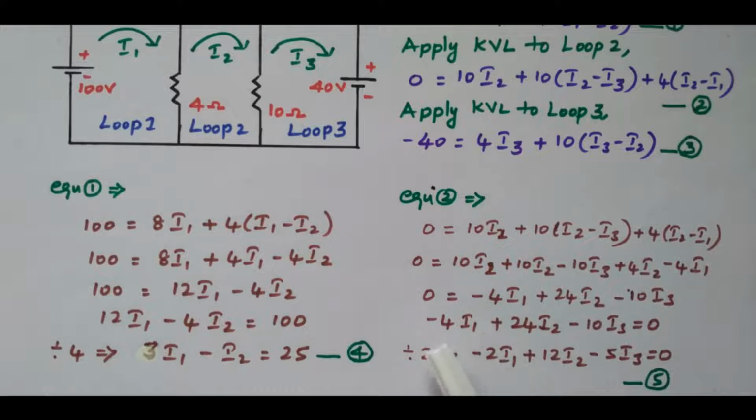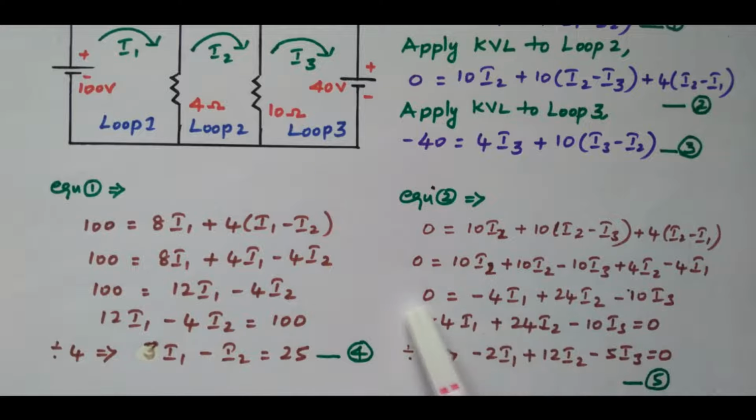So 0 equal to, this i1 is available only one term, minus 4i1. This i2 is available here 10i2, here one 10i2, here one 4i2. So 10 plus 10, 20 plus 4, 24i2. i3 only one term is available, minus 10i3. Now i1, i2, i3 everything are added and the equation is framed. Now rewrite this: minus 4i1 plus 24i2 minus 10i3 equal to 0.